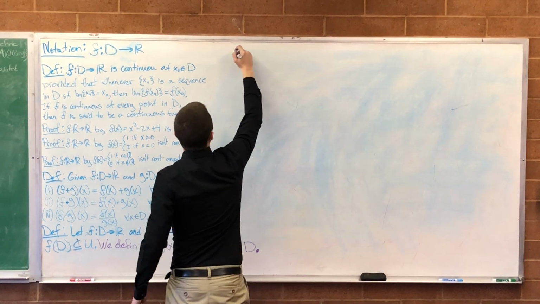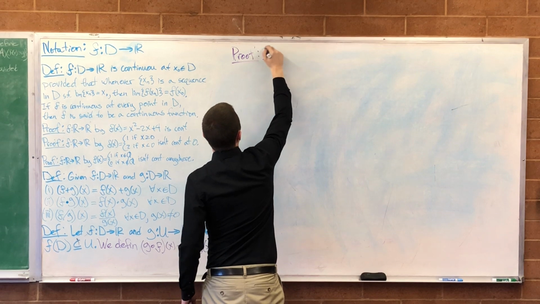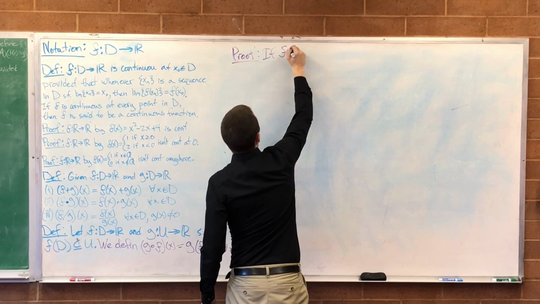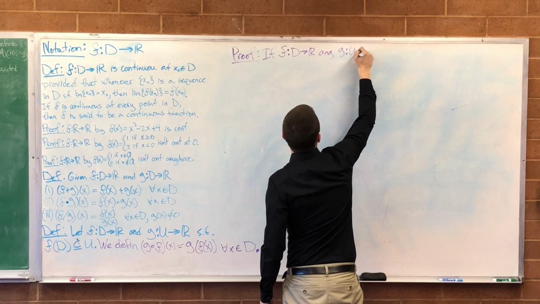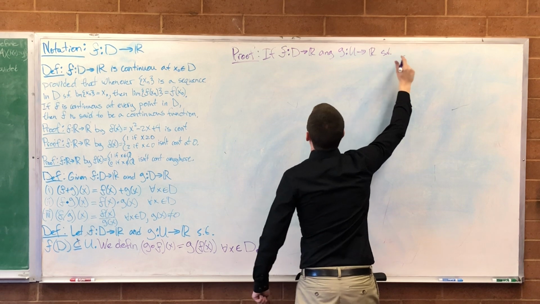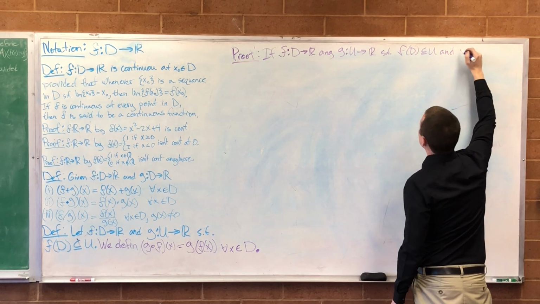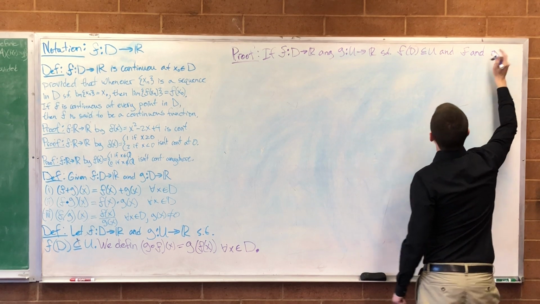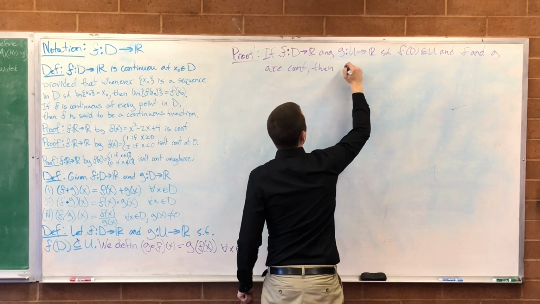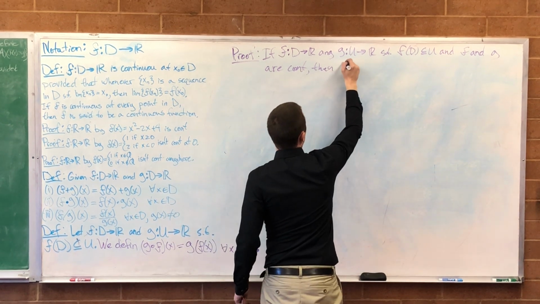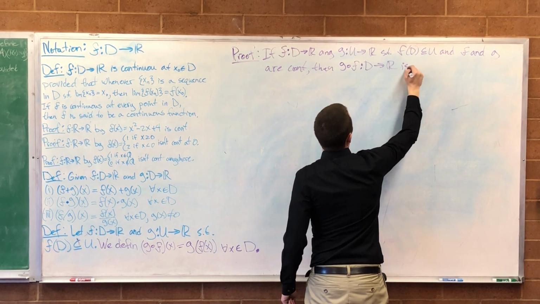So let's prove it. Proof. If f is a function from D to R and g is a function from U to R such that f of D is a subset of U and f and g are continuous, then g composed with f, g after f from D to R, is continuous.